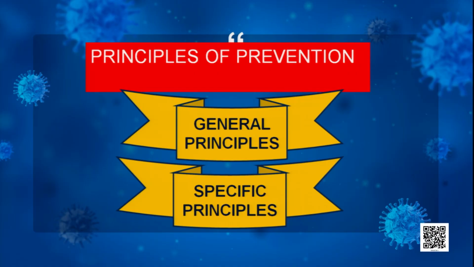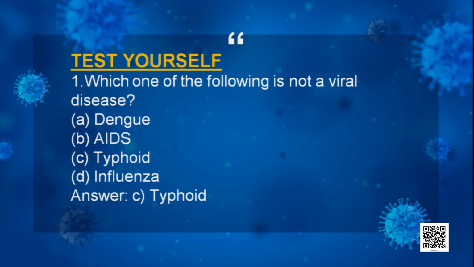Now let's go to the principles of prevention of diseases. We have two different principles of prevention. But before going to them, I'd like to ask you a few questions from what we have already discussed. So let us now discuss some questions.